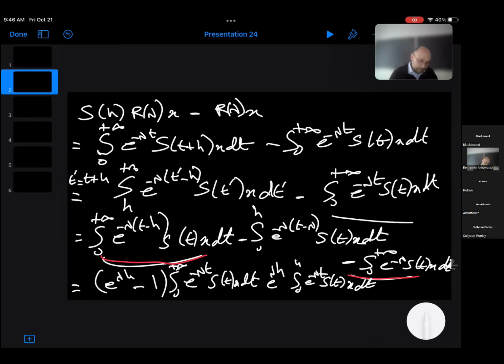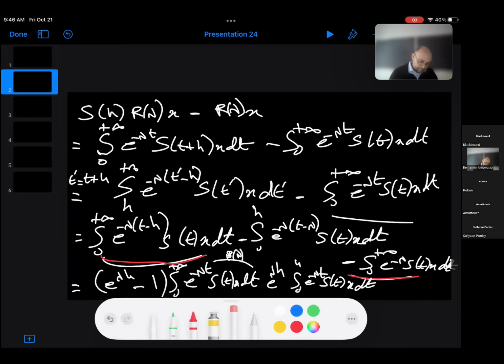Let's comment here. Here I recognize this is R lambda, right? This is R of lambda.